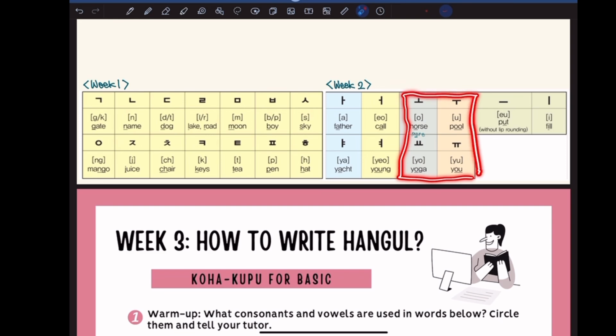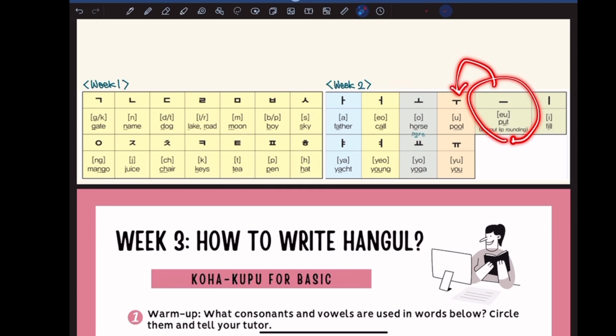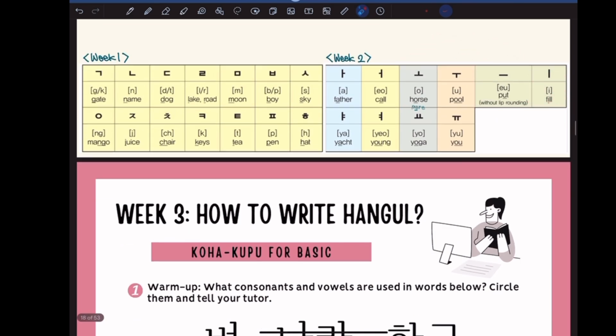However, these vowels over here are all created by the horizontal line. These horizontal vowels are always located below the consonants. So the horizontal line is always located below the consonant, and the vertical line is always located on the right side of the consonants.